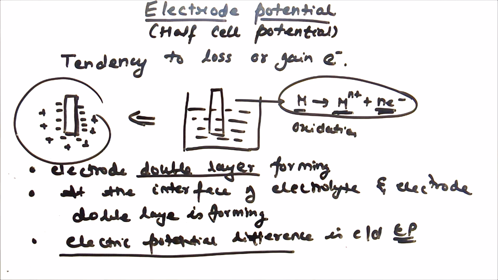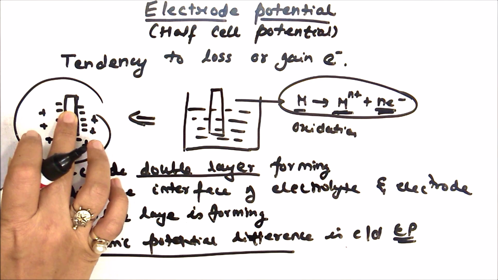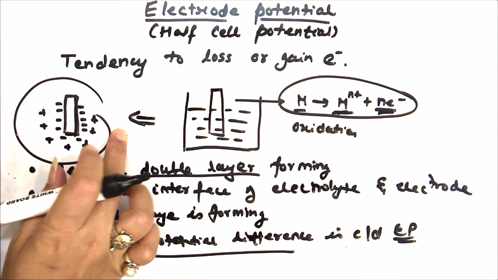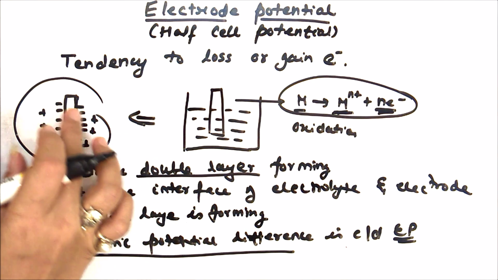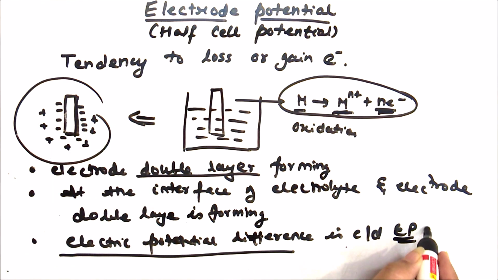So at the interface of the electrode, that is the metal, and the electrolyte, that is the solution, electrode potential will be developed, and this electrical potential difference is called electrode potential.